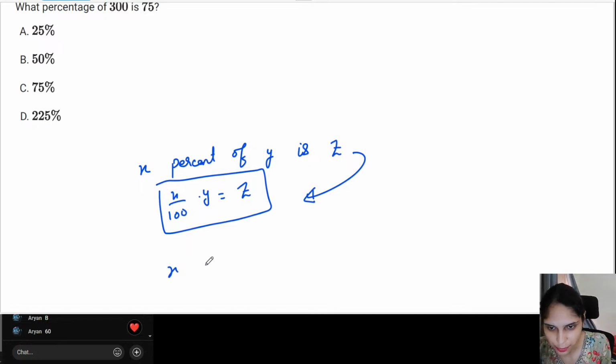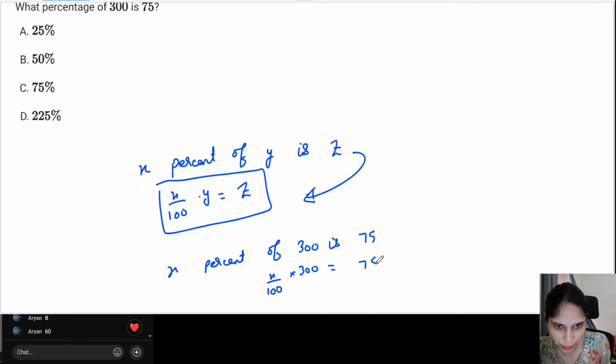So we have x percent of 300 is 75. So your equation will be x over 100 times 300 is equal to 75. Of means multiply, percentage or percent means divide by 100. What means you can always write x. So 3x equals 75, x is going to be 25. So 25%.